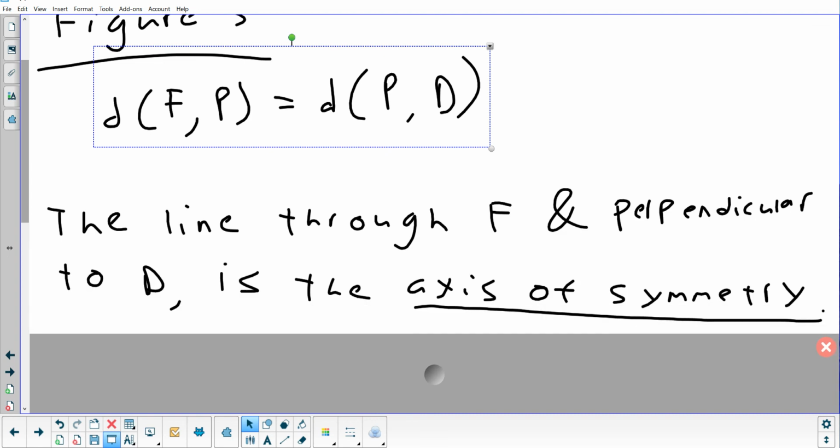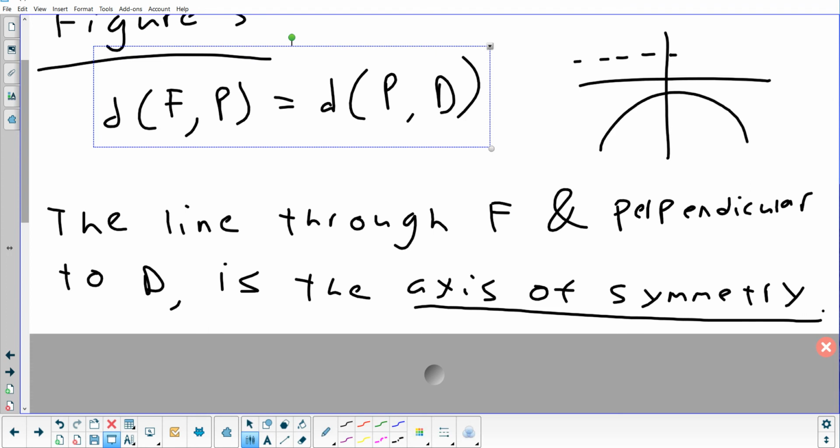Now, if you draw a line through the focus and perpendicular to the directrix. Right, so here's your parabola. There's your directrix.